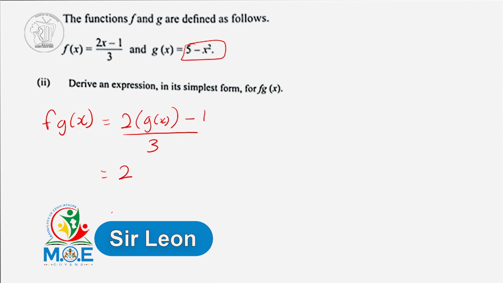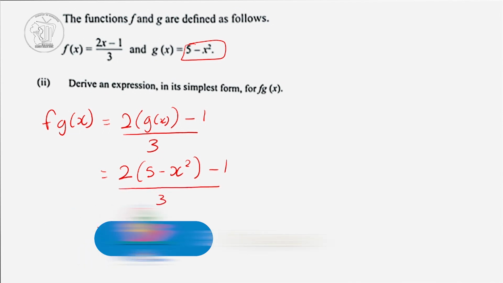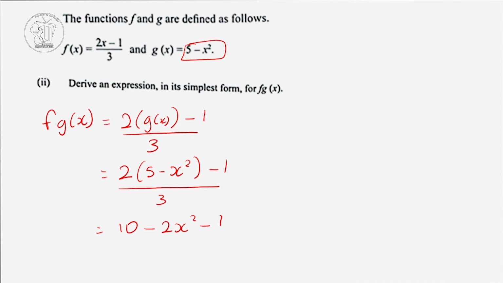This would be 2, and g of x would be 5 subtract x squared, minus 1 all divided by 3. So this would be 2 times 5 would be 10. 2 times negative x squared would be negative 2x squared subtract 1 all divided by 3.